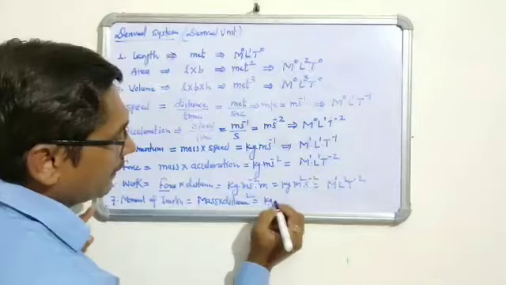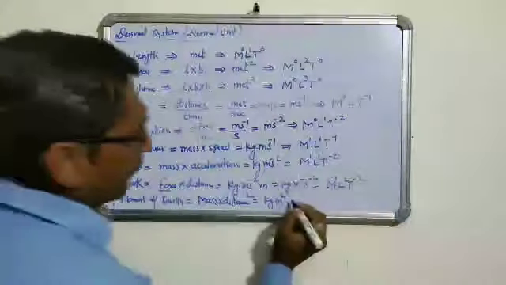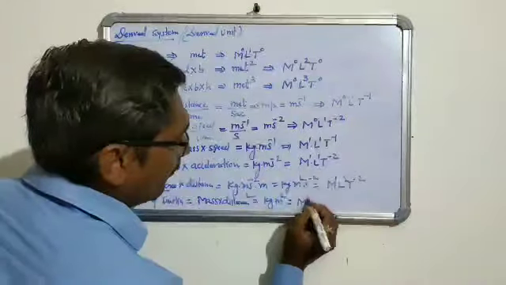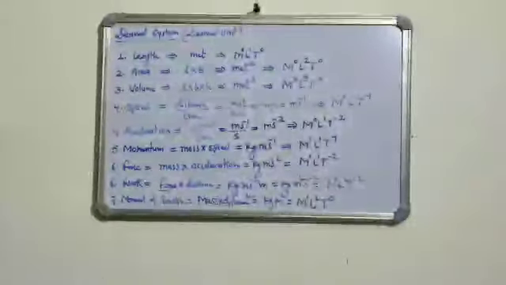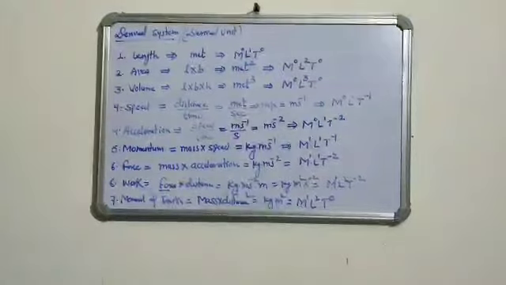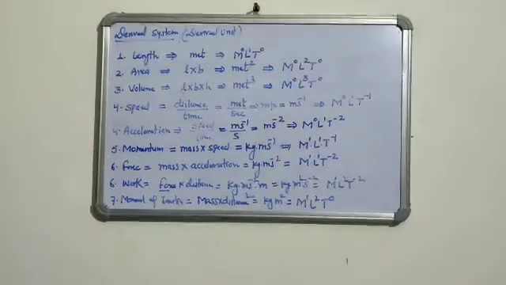Mass unit is kg, distance unit is meter, so kg meter square. So the dimensional formula is M1, length is L2, and there is no time, that's why M1 L2 T0. Okay, I think it is clear.